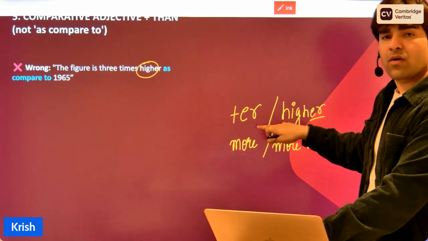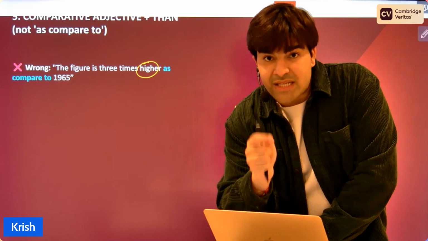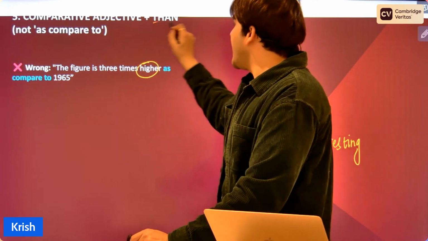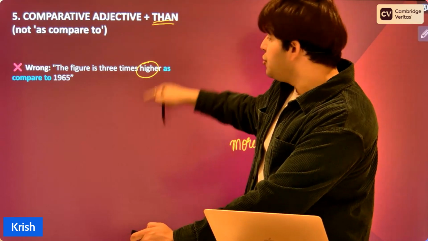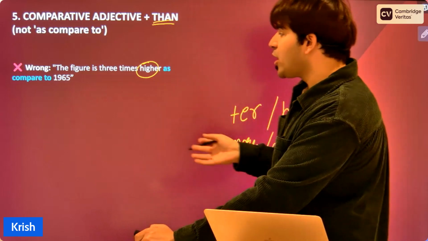So, whenever you use words with either er or more, I'm going to tell you a very important and very secretive tip. After these kinds of words, er or more, simply use the word than. I repeat, simply use the word than. You do not have to say as compared to. Very common mistake, very common slip.